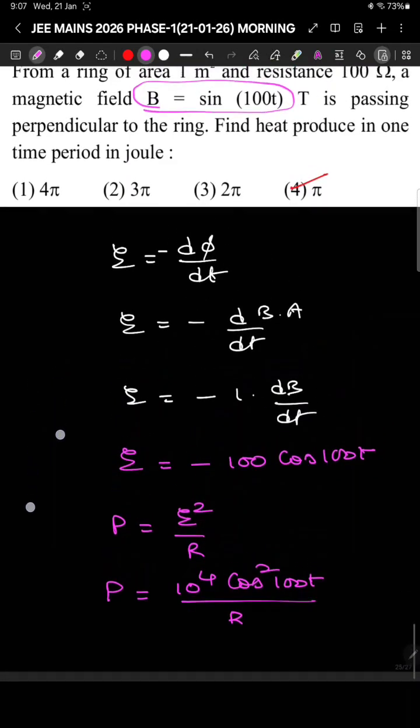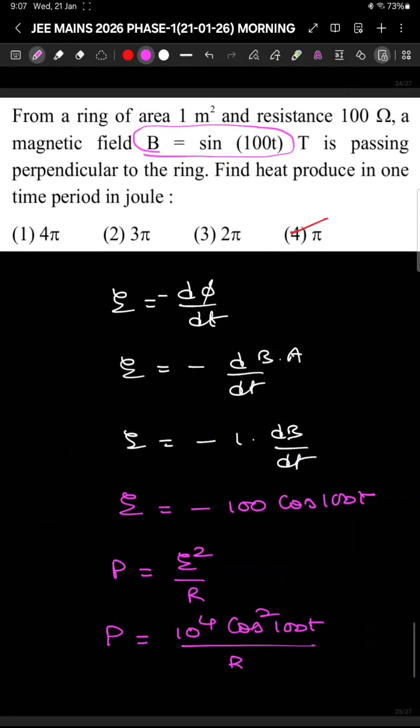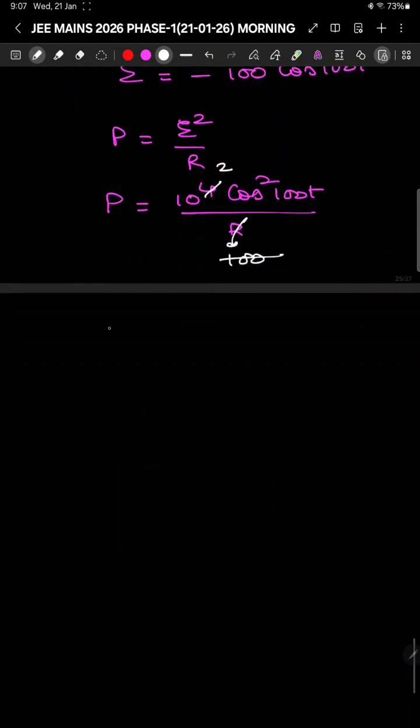Here the resistance value is given as 100 ohms. The R value is given as 100. Now power equals 100 cos square 100t, you will get.